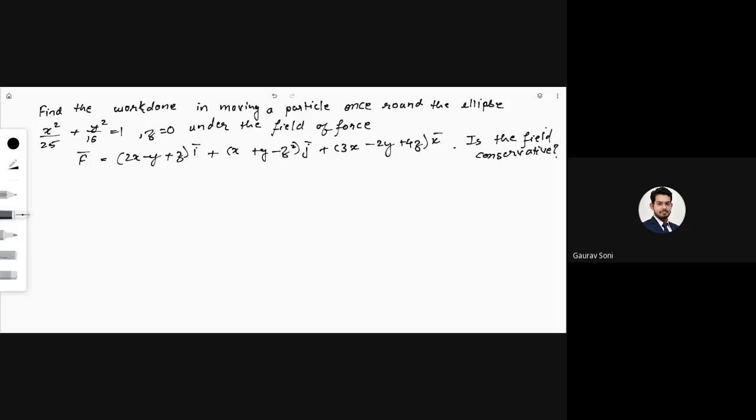Now what we have is an ellipse and it is a complete ellipse. So the substitution from the remark is x is equal to a cos t, y is equal to b sin t.